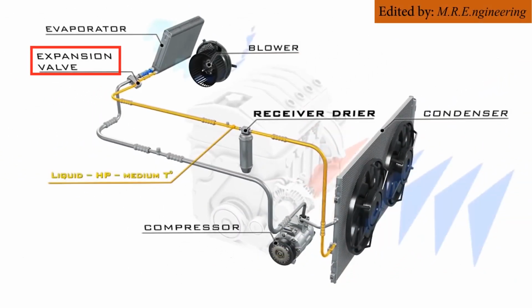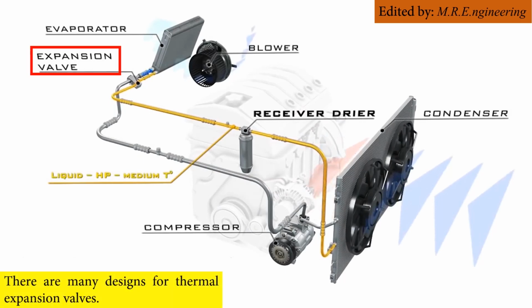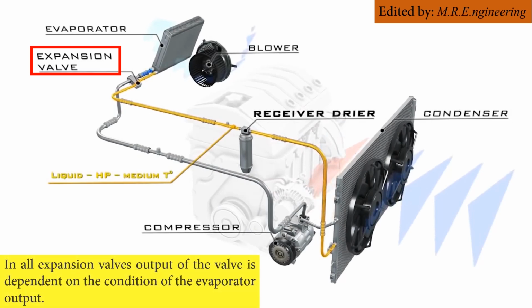There are many designs for the expansion valves, but all work based on the same principle. Based on this principle, output of the expansion valve depends on the temperature and pressure of the evaporator output.